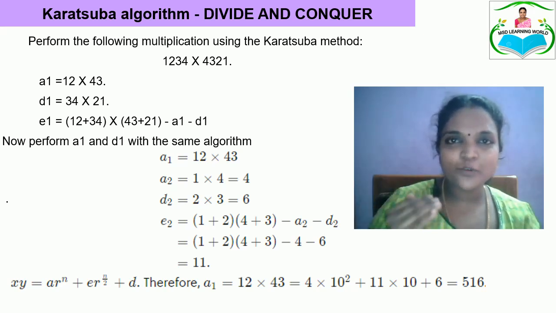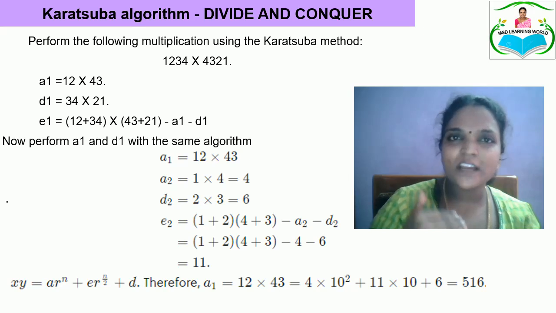And for d2, 2 into 3 is 6, and e2 is higher value of x plus lower value of x, so 1 plus 2, into higher value of y plus lower value of y, so 4 plus 3, minus a2 which is 4, minus d2 which is 6. So you will be getting 11. So a1 is done with the divide and conquer again.